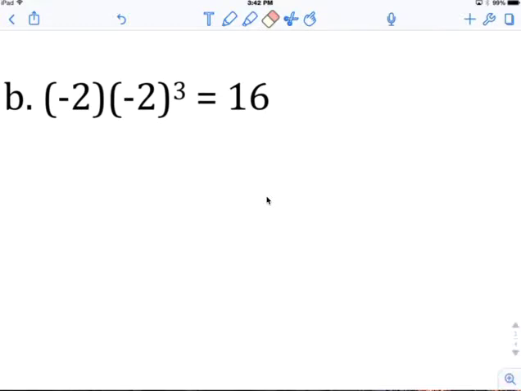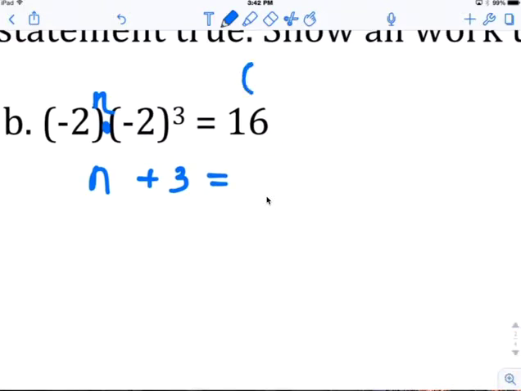So here, I think there's an n there, right? I made a mistake here. N plus 3 equals, what's that missing number? 16, -2. The base is -2 times -2 times -2, that's -8.